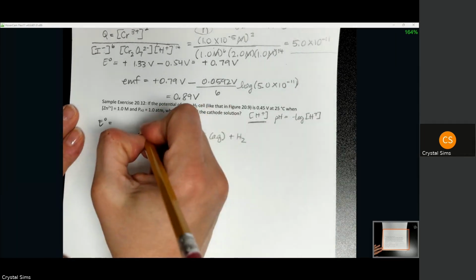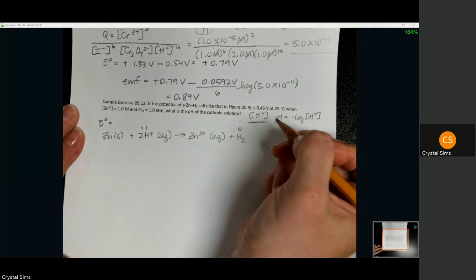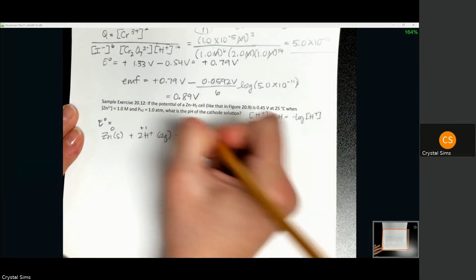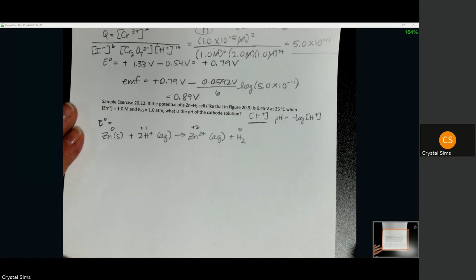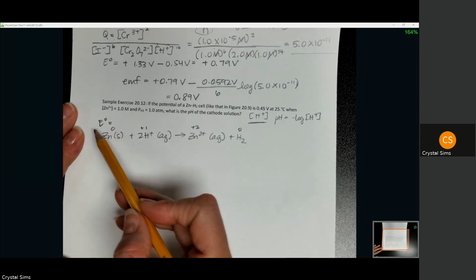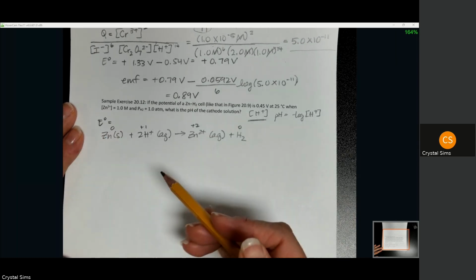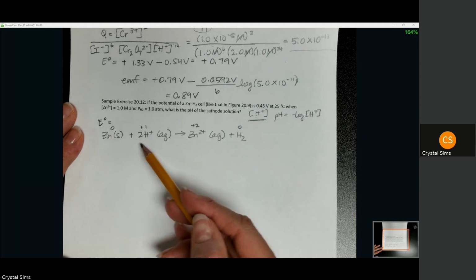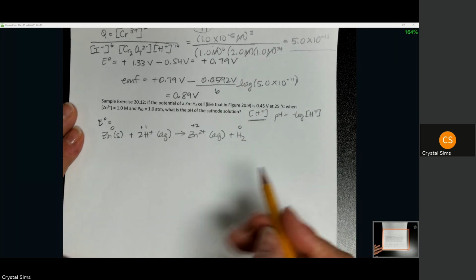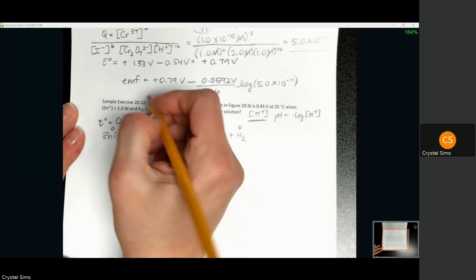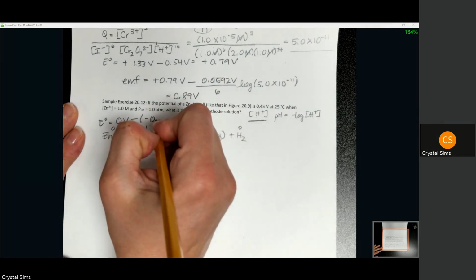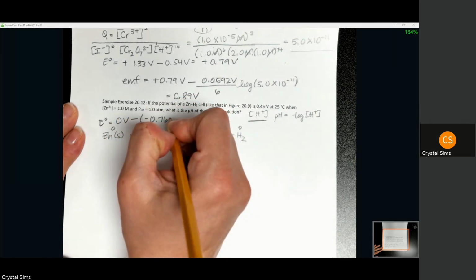So hydrogen went from a +1 to a 0. Zinc went from 0 to +2. So hydrogen gained an electron. It is reduced. So remember, this formula is reduction process minus oxidation process. So I know that the hydrogen has been reduced. This value is 0 volts. And I know that zinc here was oxidized, and its value is 0.76, but that's negative.